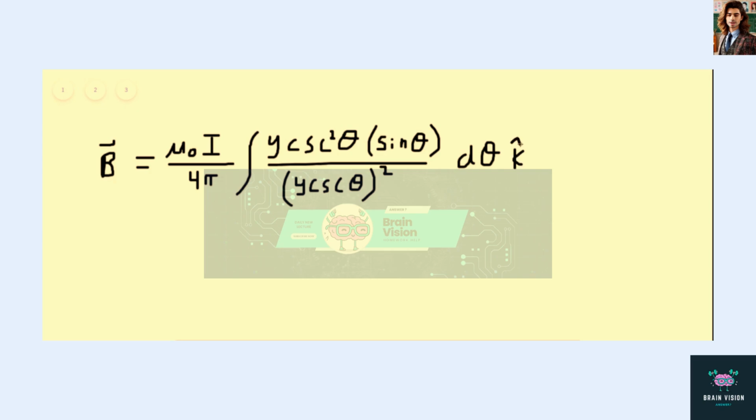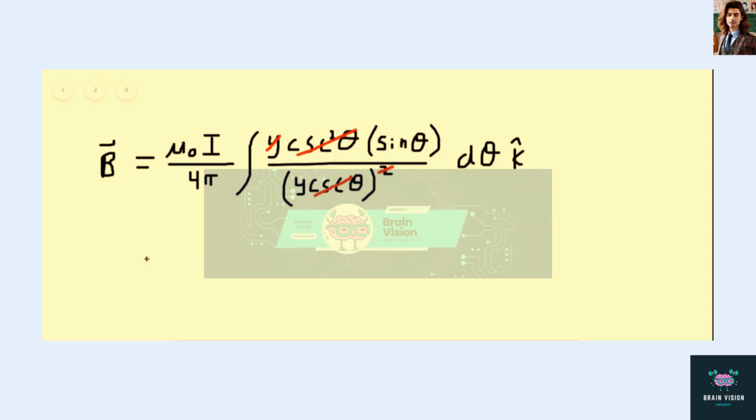So we can very easily simplify this. We have things that are going to cancel. This cosecant gets squared, so that cosecant cancels with this cosecant squared. And you have a y squared on the bottom and a y on top, so that y cancels with the squared term, and you just end up with a y on the bottom.